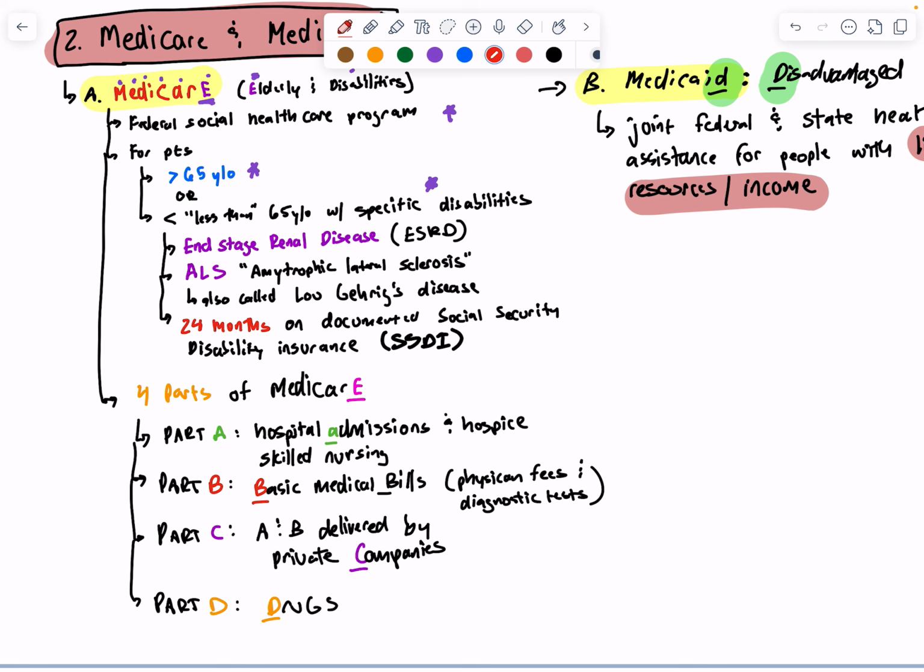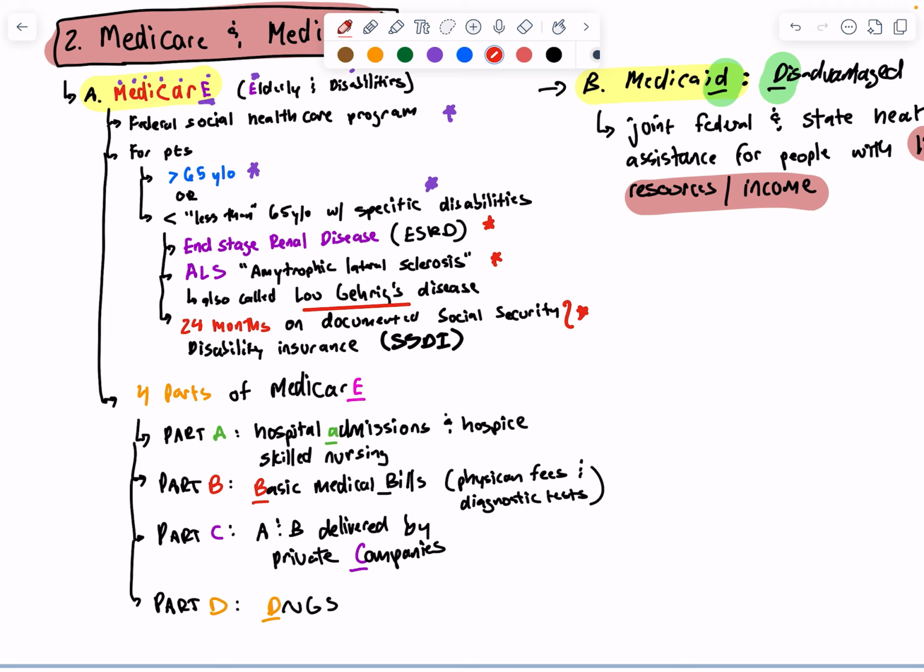The big one that gets tested is end-stage renal disease. So someone who's getting dialysis can be on Medicare, or ALS, amyotrophic lateral sclerosis, also called Lou Gehrig's disease, or they have 24 months of documented Social Security disability insurance.